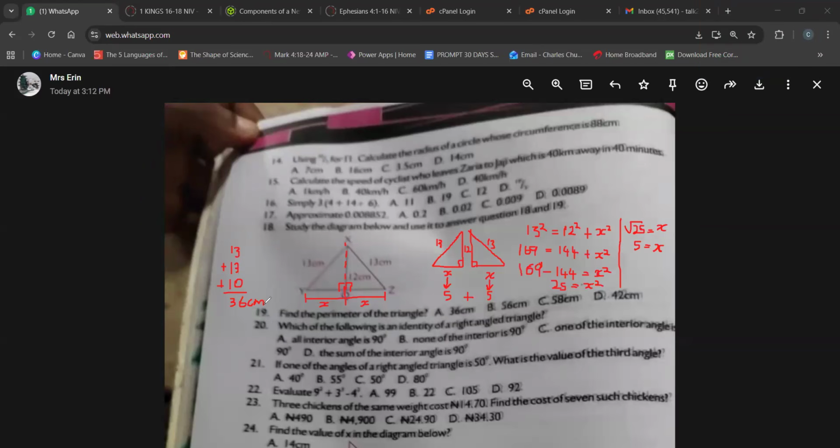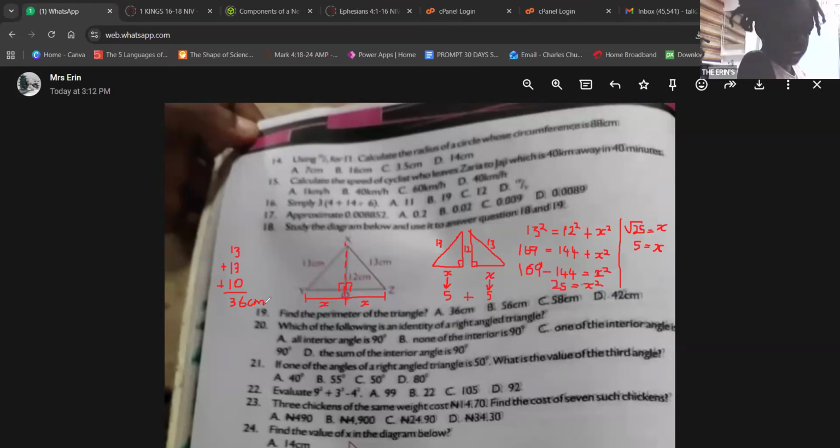So this 36 is the answer for number 19. No, we're not done, because the question said we should use it to answer. Actually, they meant to say number 19 and number 20. Okay, no, they just said number 19. It's a mistake. It's just number 19.